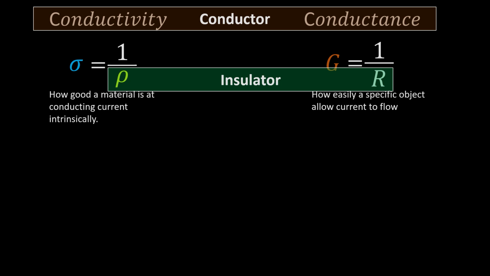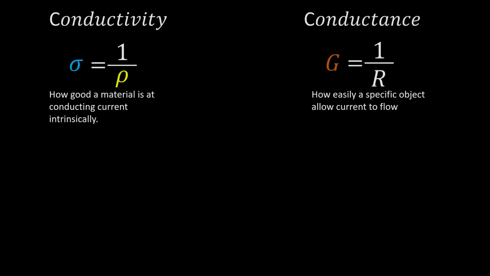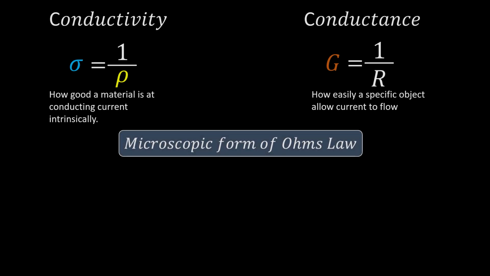Since electric current and conductors have a deep microscopic connection, we now move to the microscopic form of Ohm's law. We already know from Ohm's law that V equals IR. From the microscopic form, voltage V can be written as EL. Current I can be written as JA, where J is current density and it is a vector quantity.